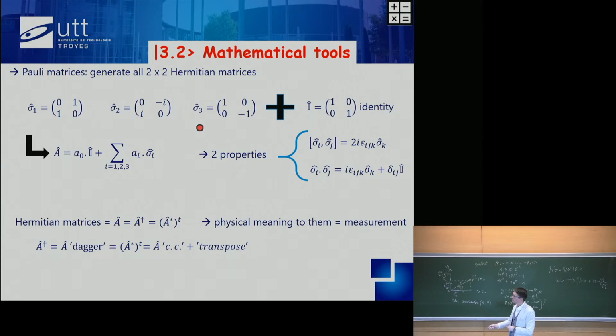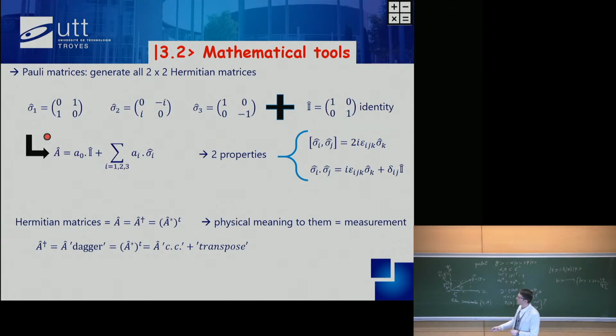The first thing you can see is that there are complex numbers in these matrices. Another important feature, which I'm not going to demonstrate today, is that using these 4 matrices, I can generate any 2D Hermitian matrix as a linear combination of these 3 plus 1.